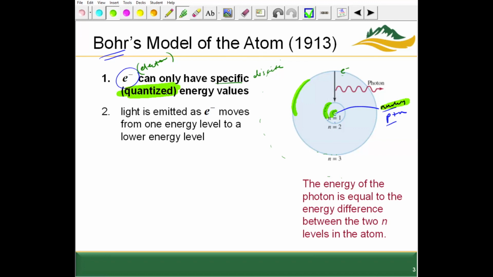That's what's meant by quantized, or specific, discrete, set energy values, where each energy level has an associated energy value.